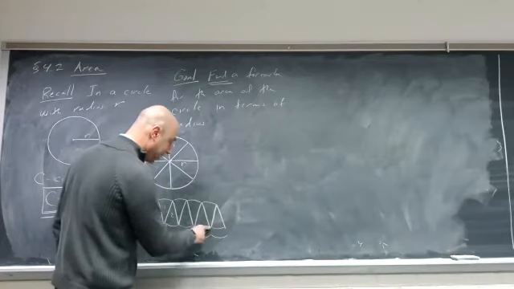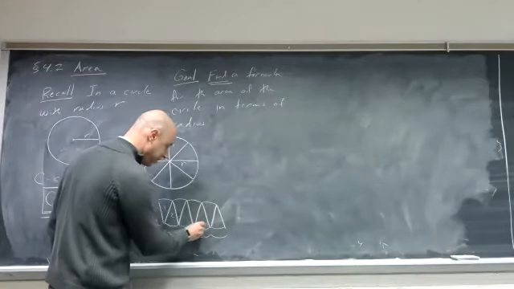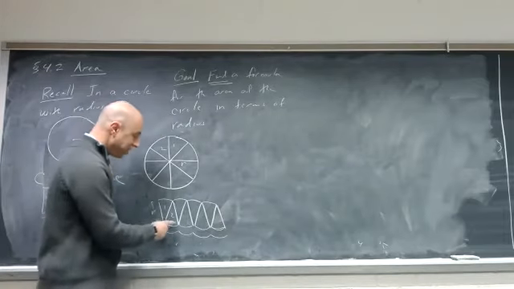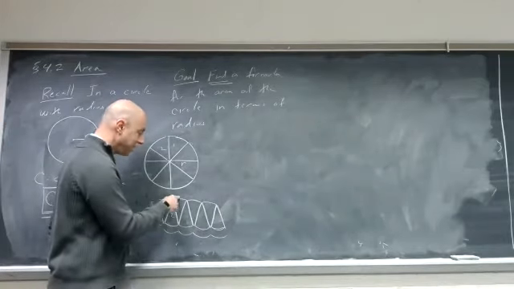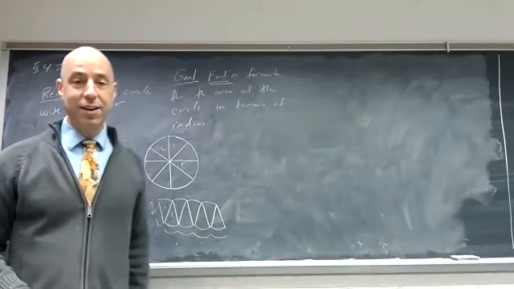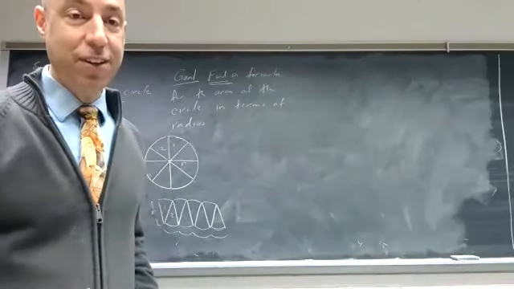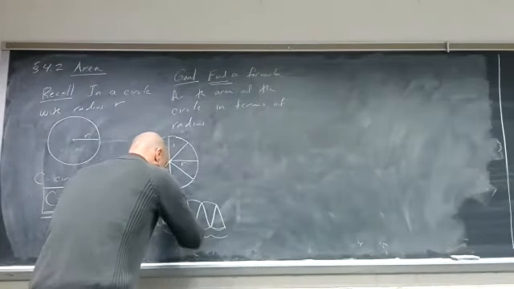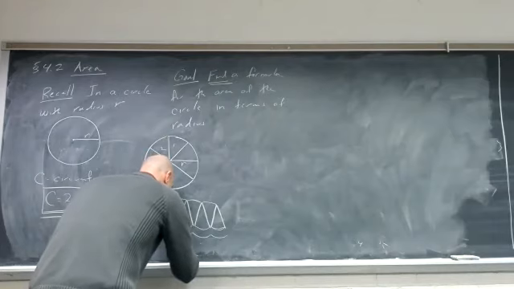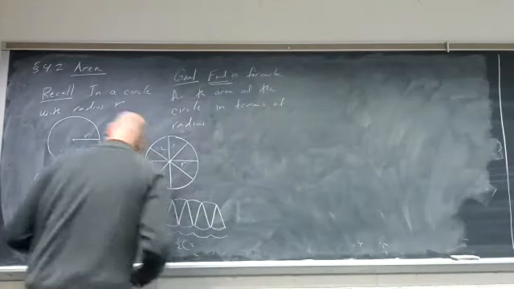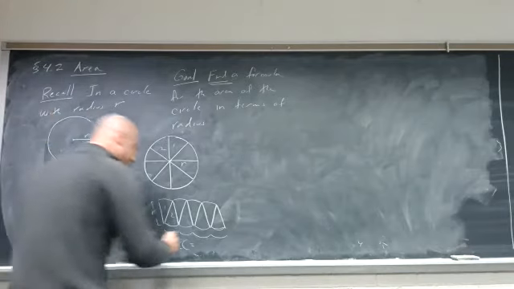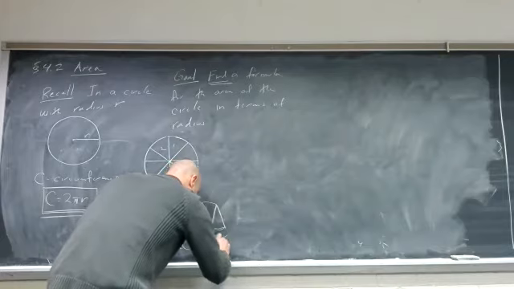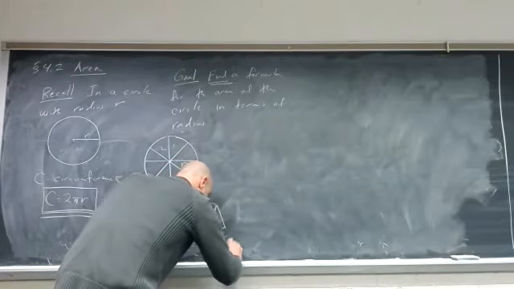Following the bumps, following the pizza crust. Since half the pizza crust is down here and half the pizza crust is up here, that's just half the circumference. So this is 1/2 the circumference. And since the circumference is 2 pi r, that's 1/2 of 2 pi r, which is just pi times r.